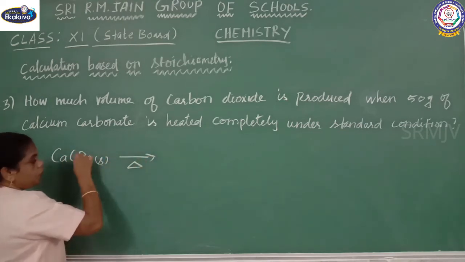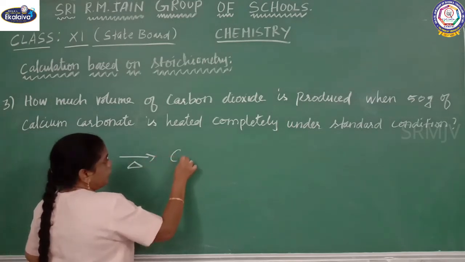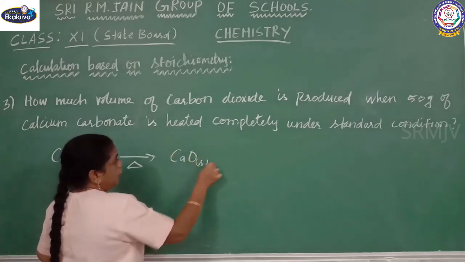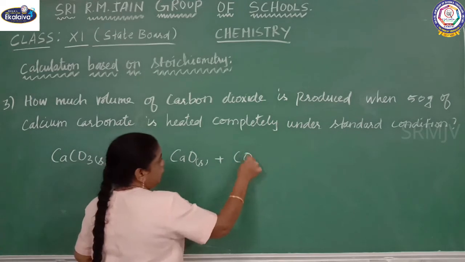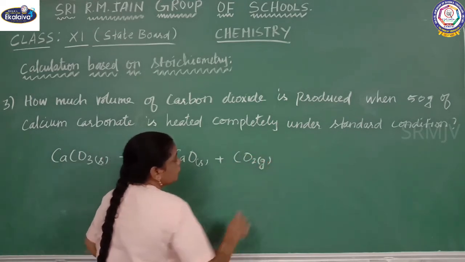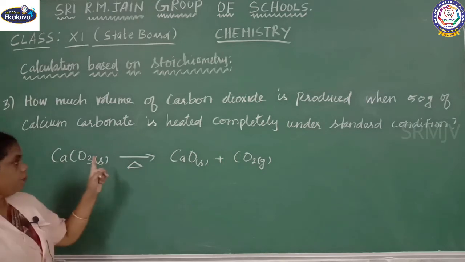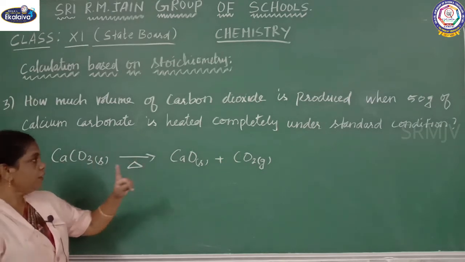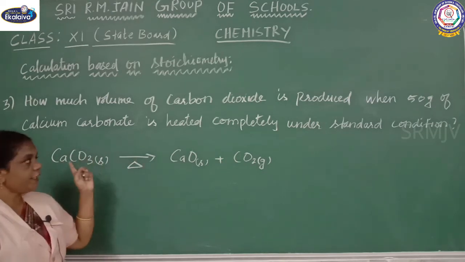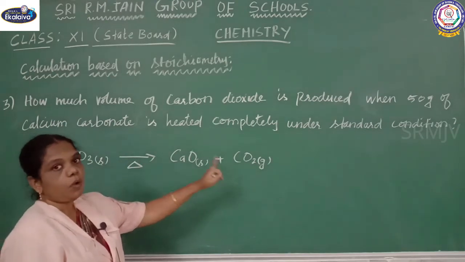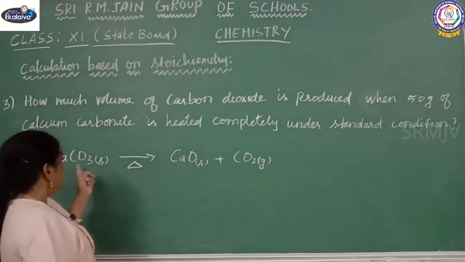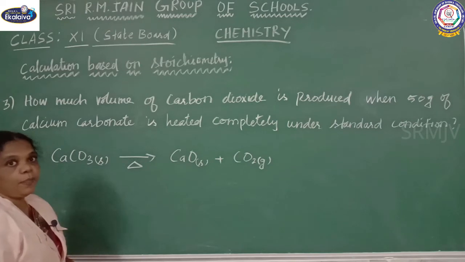It decomposes into calcium oxide and carbon dioxide gas. So now balance: calcium 1 atom in the reactant and product 1, carbon 1 atom on the reactant side and the product also 1, and then oxygen 3 and 3. This is the balanced equation.